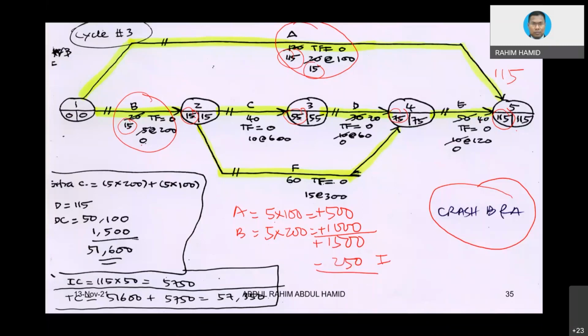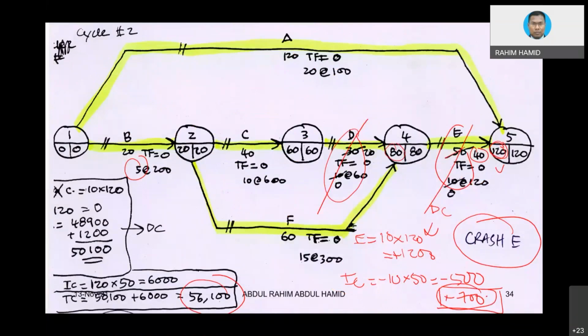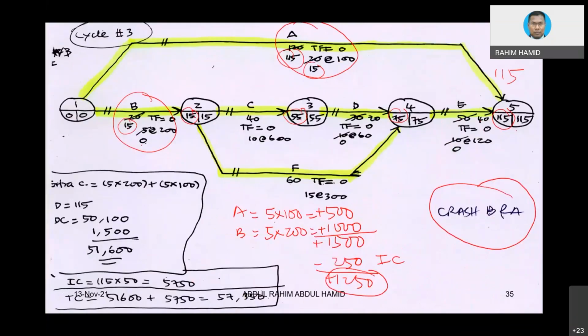So the net would be around 1,250, if I'm not mistaken. And when you add the previous one, 56,100, you would get 57,350. That would be the new cost, and then the project can be compressed to 115.